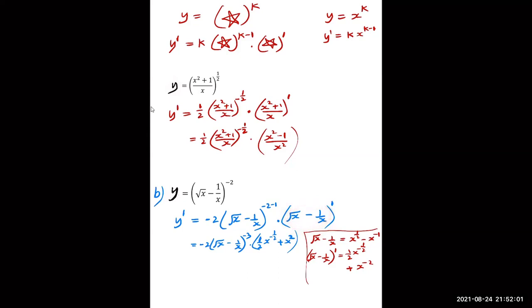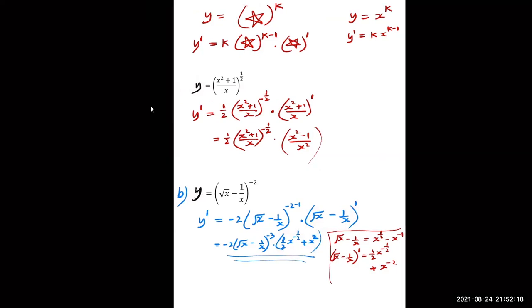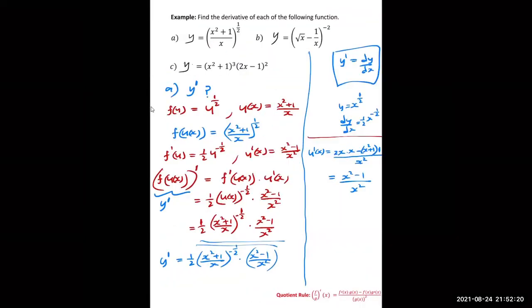The derivative of that function is 1/2 x to the power minus 1/2 plus x to the power minus 2. The derivative of this function I put here. This is the answer. Done. Let's work on the last part using this star rule.